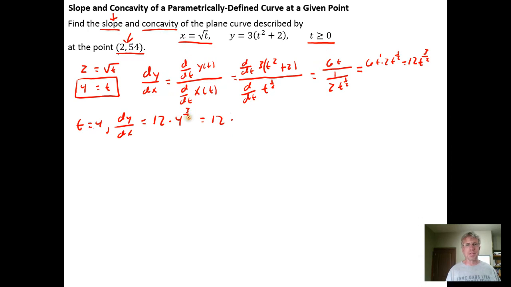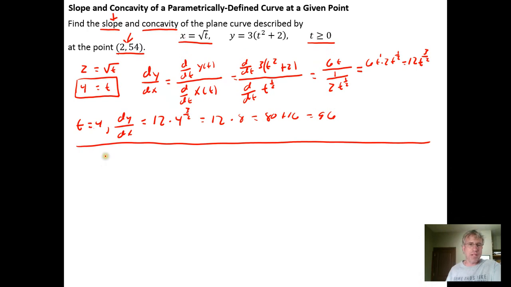The 2 in the denominator says take the square root of 4, which is 2, and the 3 in the numerator says cube that result. So the square root of 4 is 2, 2 cubed is 8, so it's 12 times 8, which equals 80 plus 16, which equals 96. So at the point (2, 54), the slope of the line is 96. And then we need to identify the concavity of the curve at this point.